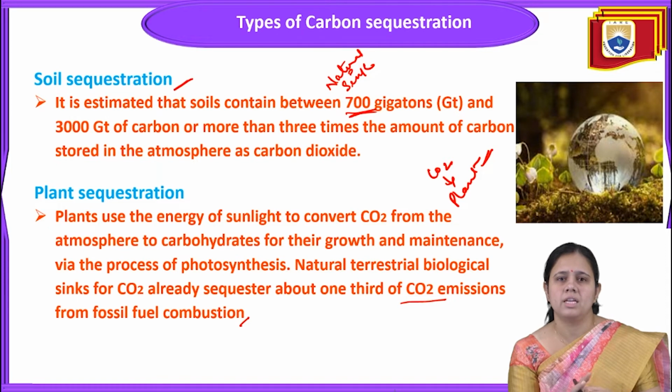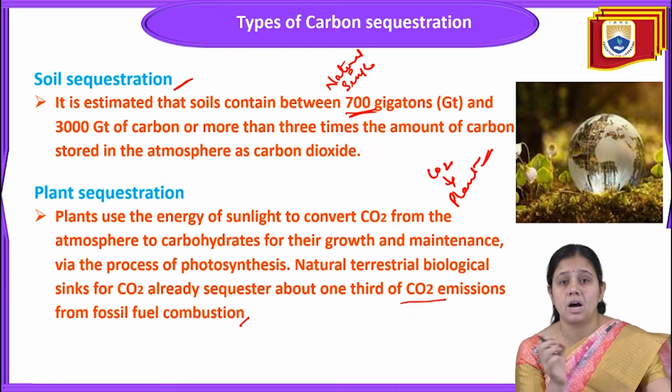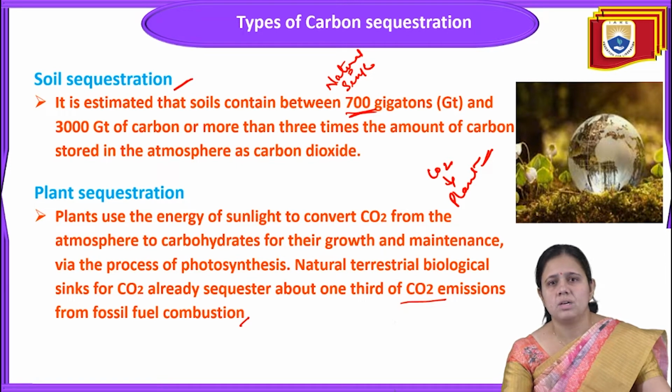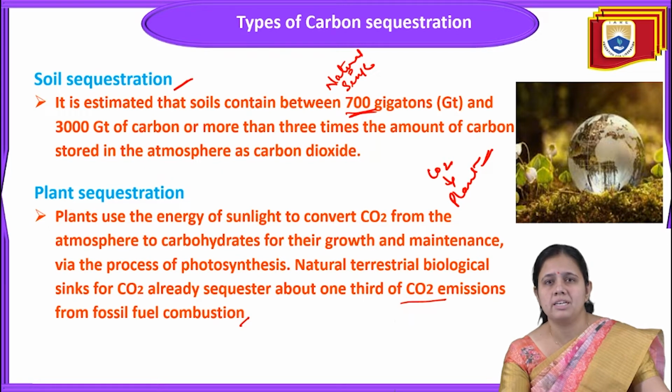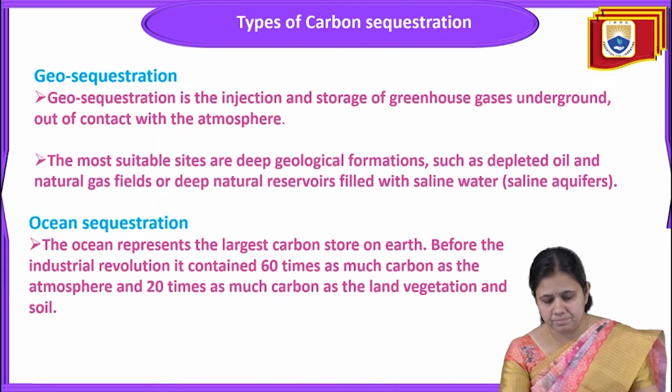Previously, when fossil fuel burned, the CO2 was automatically sequestered by plants into their biomass. But now it's tough, because the number of trees has been reduced and CO2 emission has increased. Plants and soil are natural sinks for carbon sequestration.